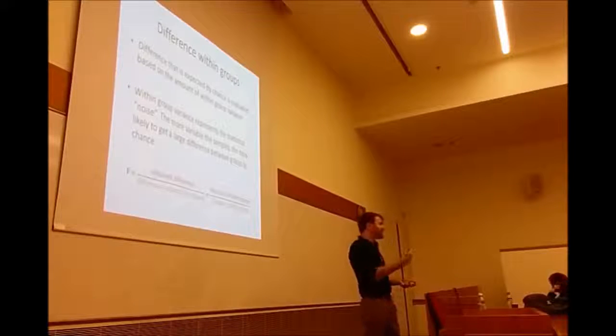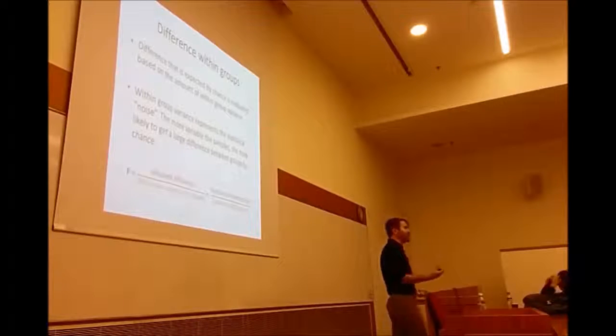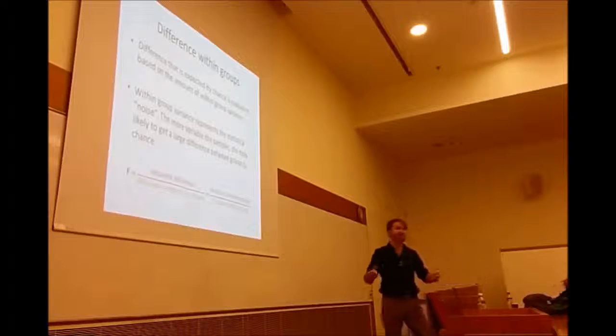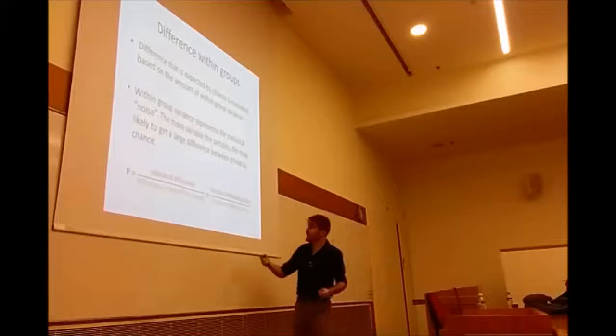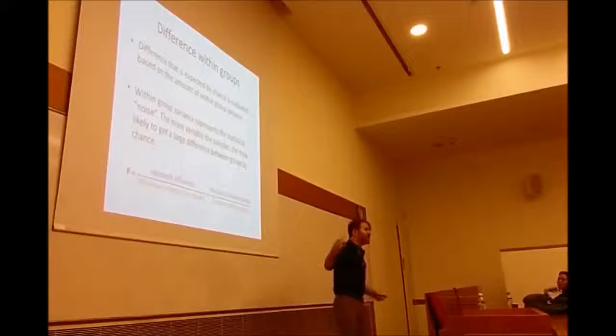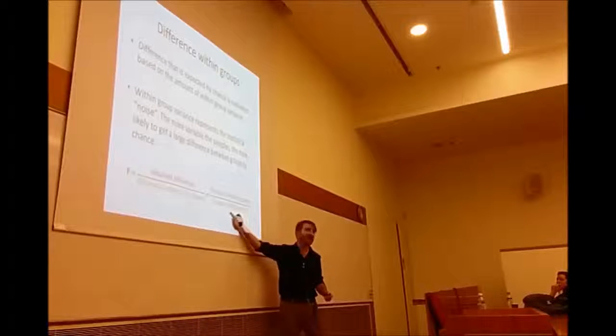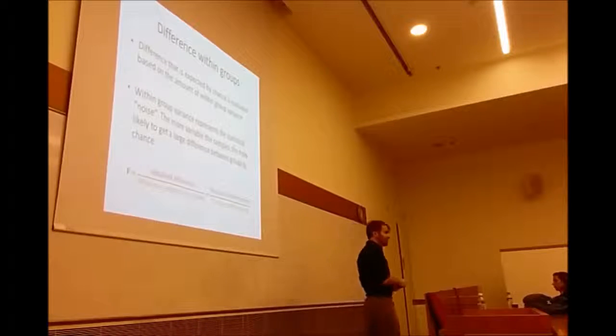Instead of saying differences between groups, I'm saying variance between groups, because differences and variance are essentially the same thing. Large differences mean large variance between groups. And the difference expected by chance is evaluated by the variance within the groups.